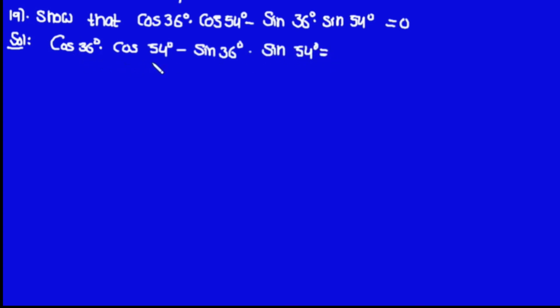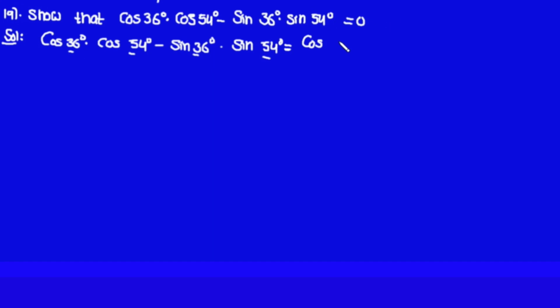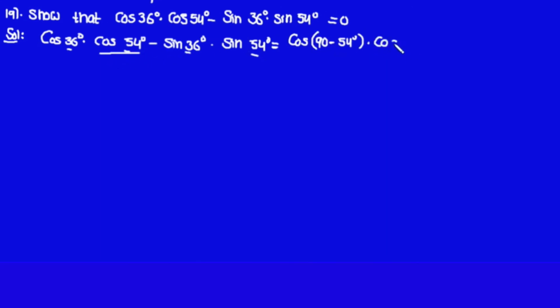Here it will be observed that the sum of angles of the cos terms and sin terms in the problem is 90 degrees. So here cos 36 degrees can be written as cos of 90 minus 54 degrees and cos 54 degrees can be written as cos of 90 minus 36 degrees, minus the remaining part sin 36 degrees sin 54 degrees.